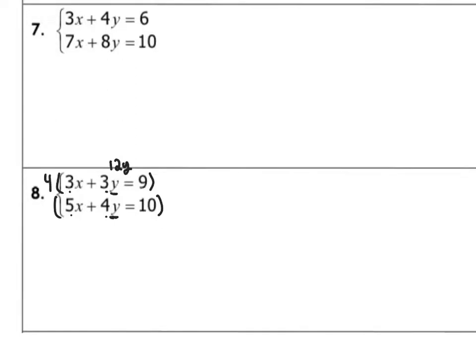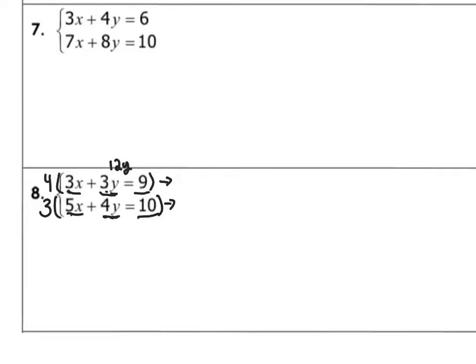Multiply everything by 4. And what times 4y gives us 12y is 3. So in this case, we actually have to multiply both equations by a number to get the same coefficients. Make sure you multiply every single term by that number.